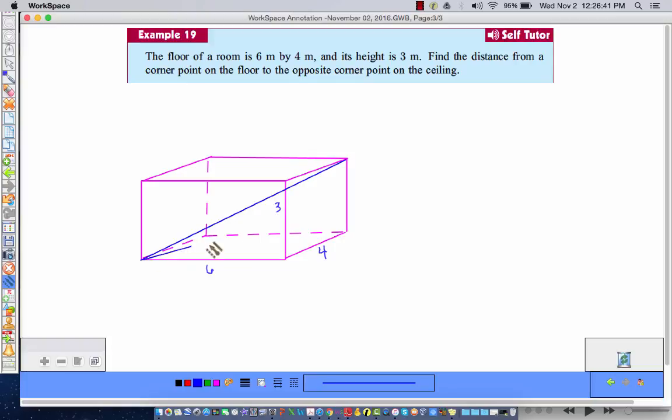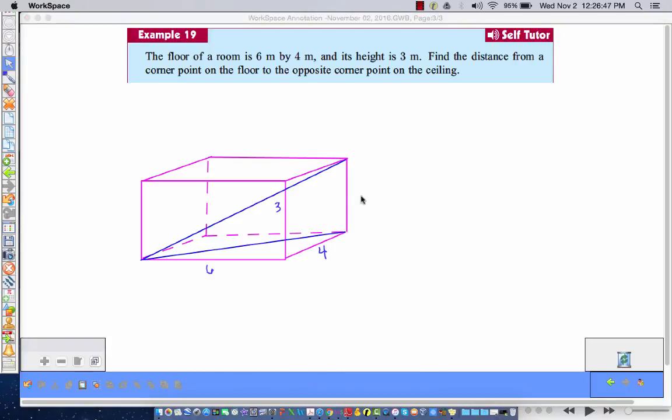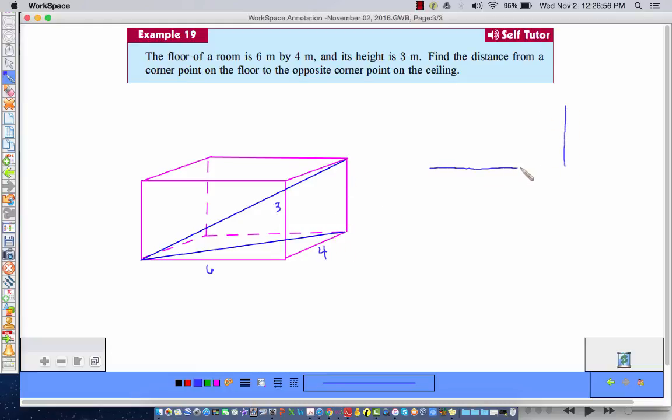Well, I'm going to go ahead and draw this right here, just to show you that if I had that triangle, this one right here, it would look something like this. Bam.